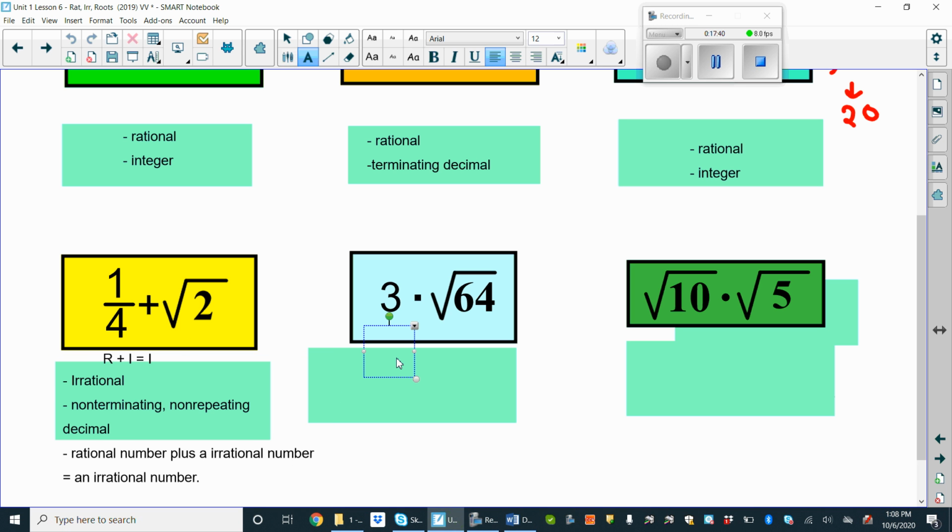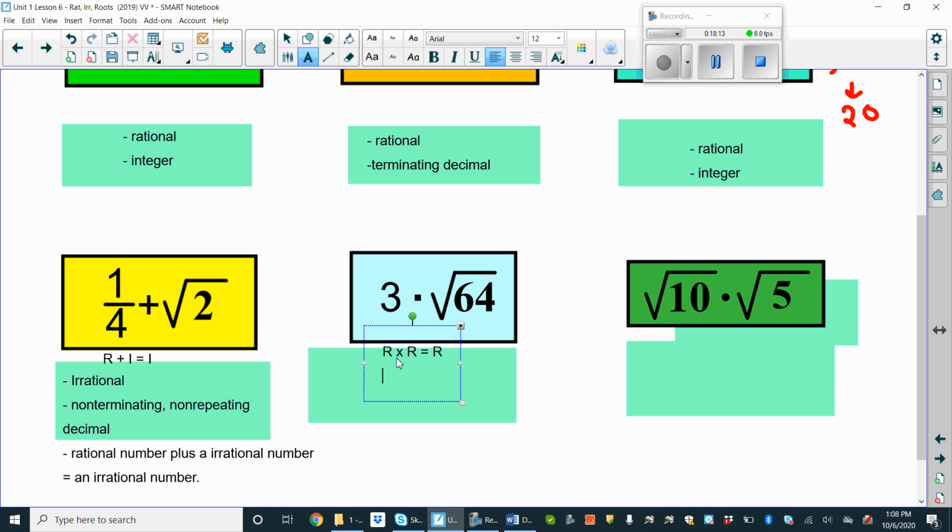Over here, again, we have some multiplication we need to do. 3 is an integer, so we know that's a rational number, times the square root of 64. When you type that into your calculator, you get 8, which means it's a perfect square. So again, that is a rational number. When you multiply any two rational numbers, you will always get a rational number.